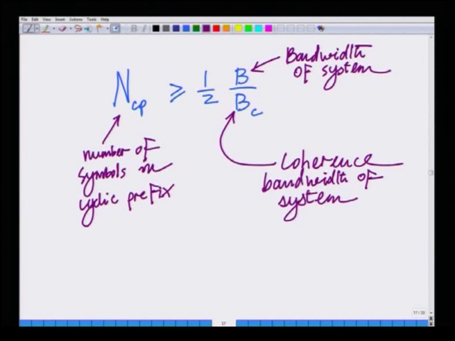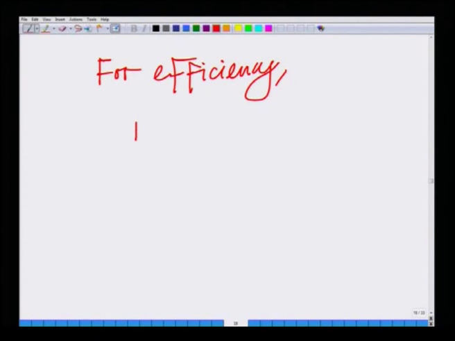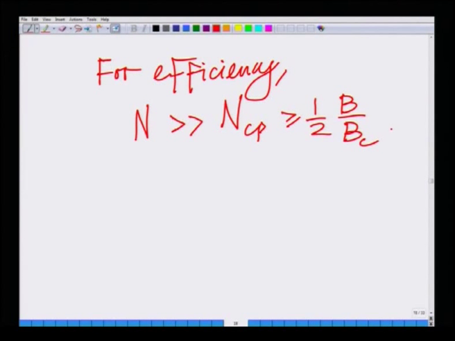Now also we said for spectral efficiency, N is much greater than the number of cyclic prefix symbols. So for efficiency, on the other hand, we require N much greater than NCP, which is greater than or equal to half B over Bc.